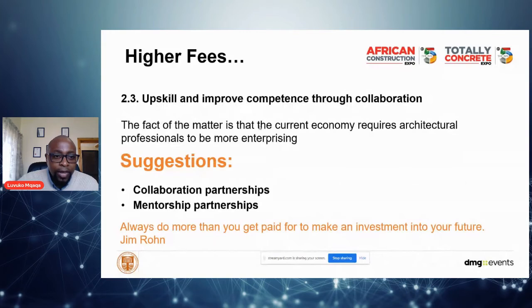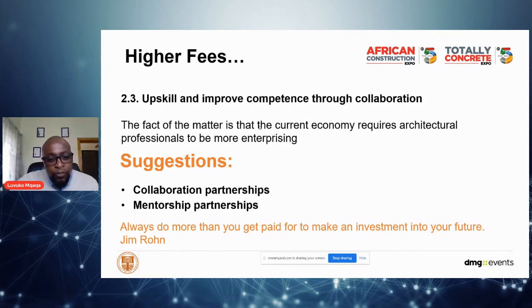But what I'd like us to note is that the economy right now is very challenging, and it requires us as professionals to be more enterprising. And in doing so, there's a quote that I've kept with me that comes from Jim Rohn, who I consider my mentor.